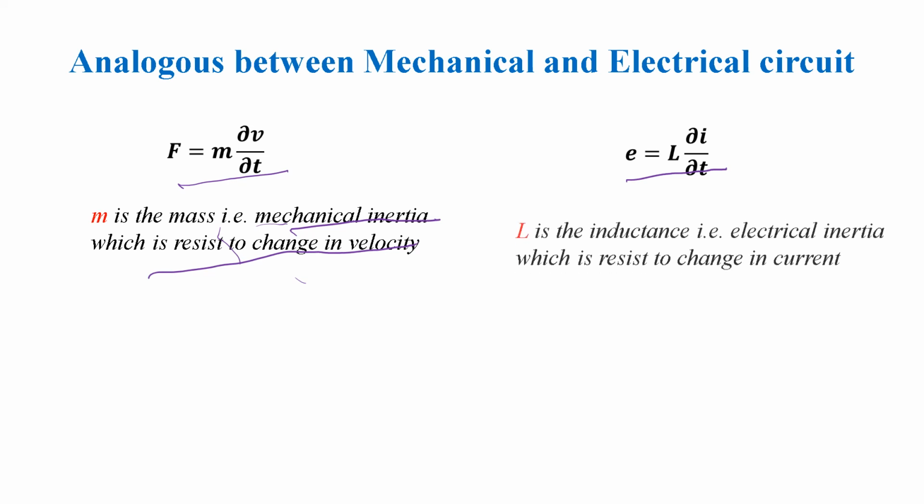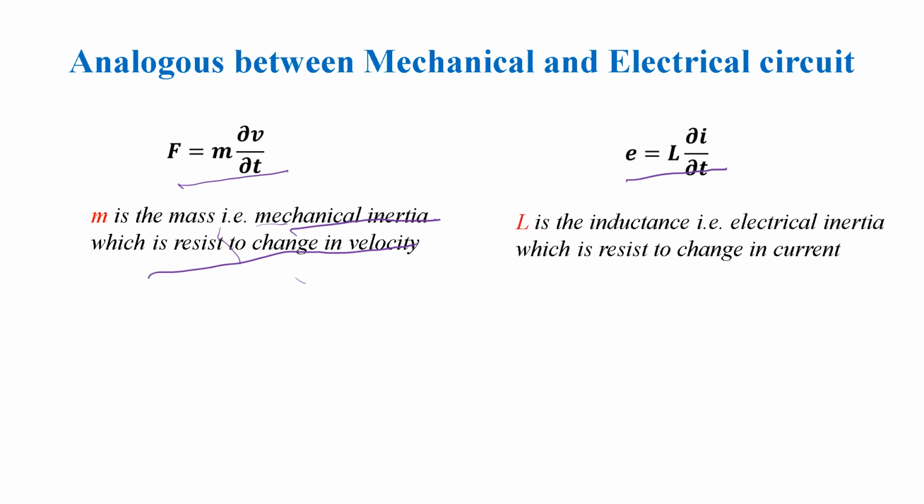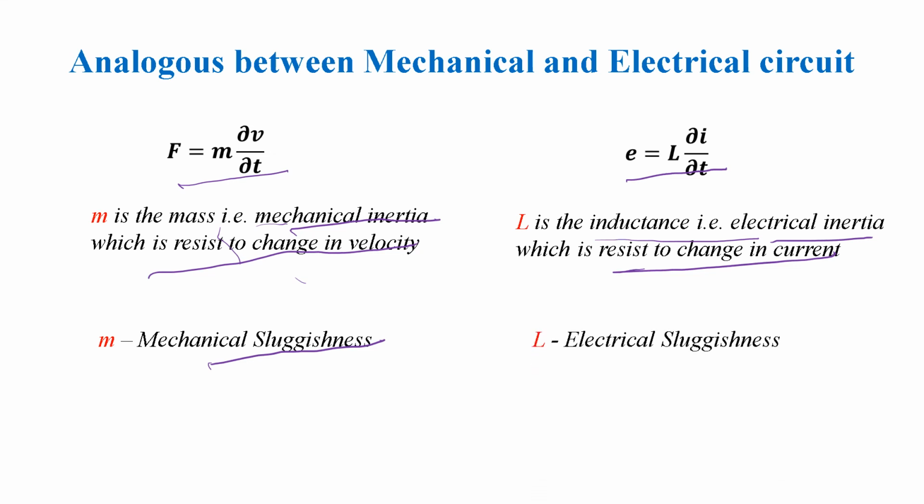Similarly, in an electrical circuit, L is the inductance, which is called electrical inertia, which resists the change in current. In a mechanical circuit, mass is called the mechanical sluggishness of the system. In an electrical circuit, L is called the electrical sluggishness of the system.